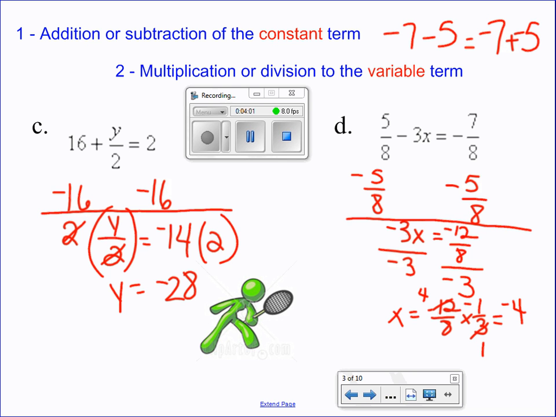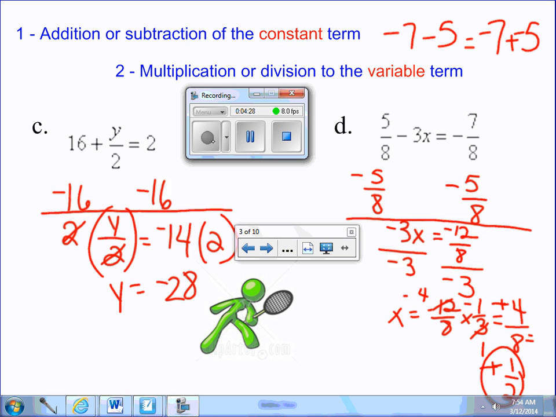Because I was dividing each side by 3, I multiply times its reciprocal since I'm dividing with a fraction. And then I have 8 times 1 is 8. Then I'm going to simplify that. X is equal to negative 1/2.